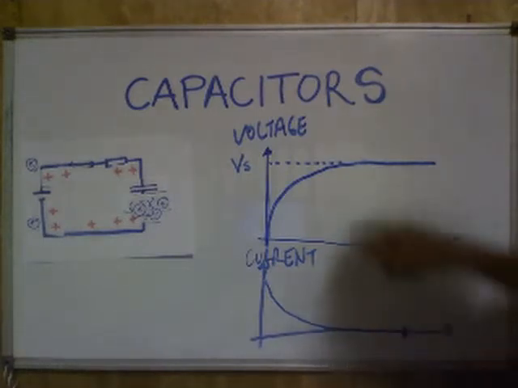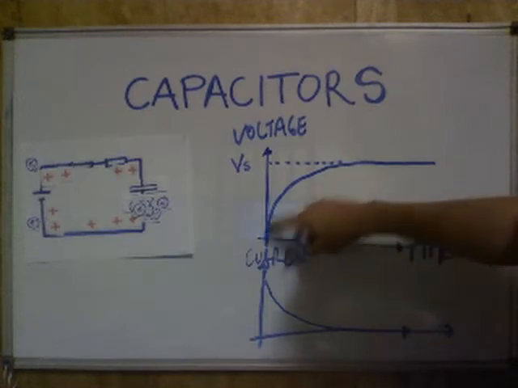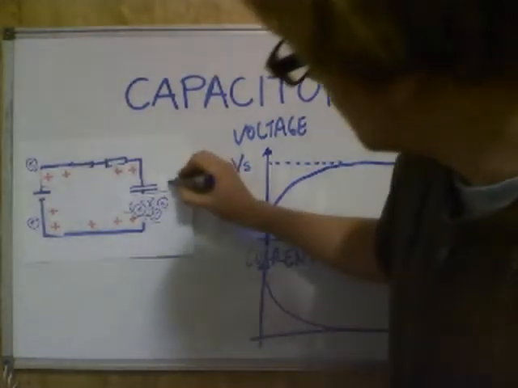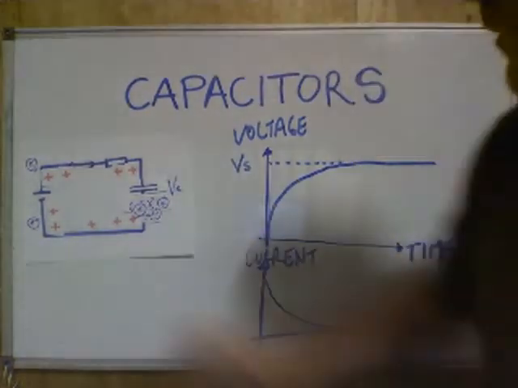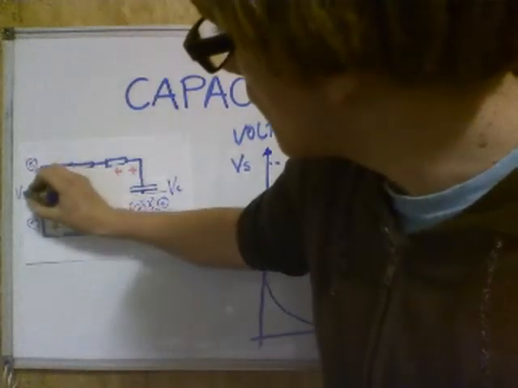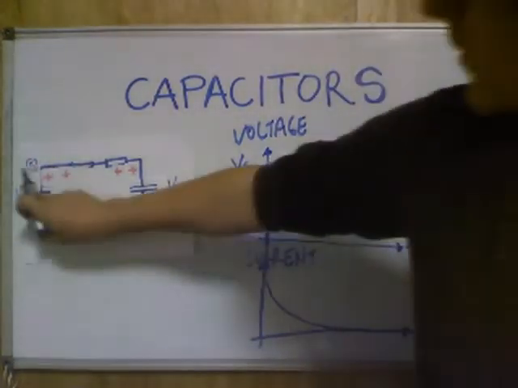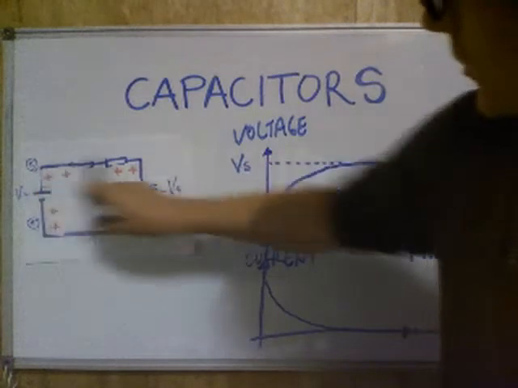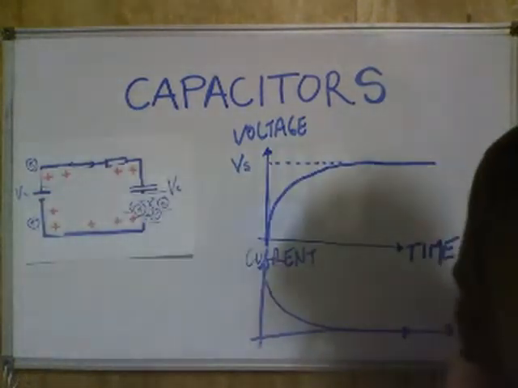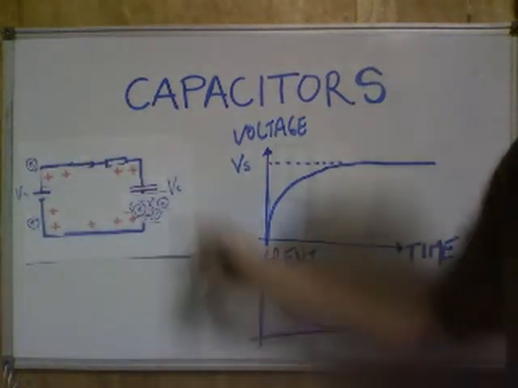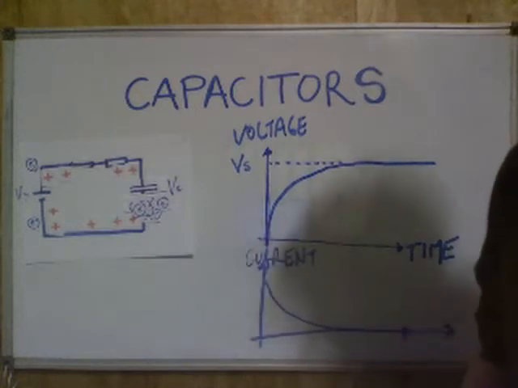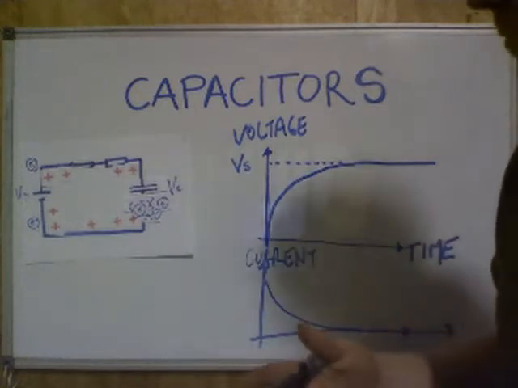And that makes sense. When the voltage across here, VC, is equal to the voltage at the source, Vs, there's no voltage drop left to be across the resistor. By V equals IR, if the voltage across the resistor is zero, then the current through the resistor must also be zero.